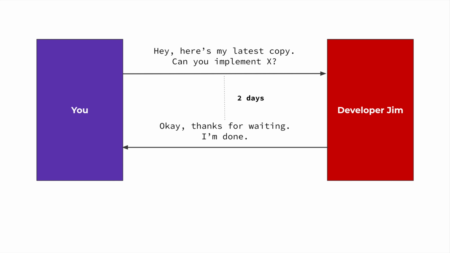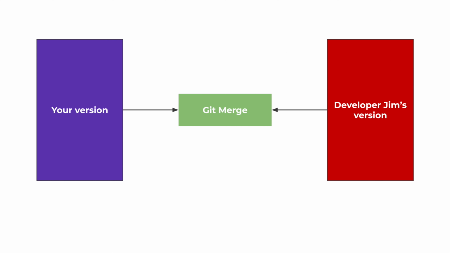So for example, you might be actually working on outdated files because developer Jim might have already implemented another part of the code. So these kinds of inconsistencies exist without something like Git. So the whole process with Git looks like this.